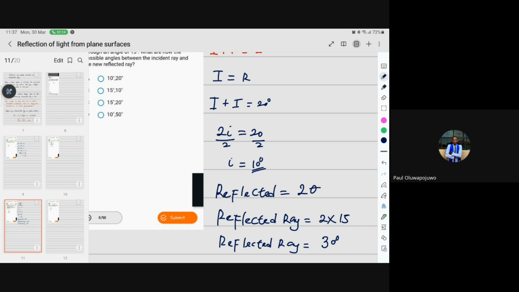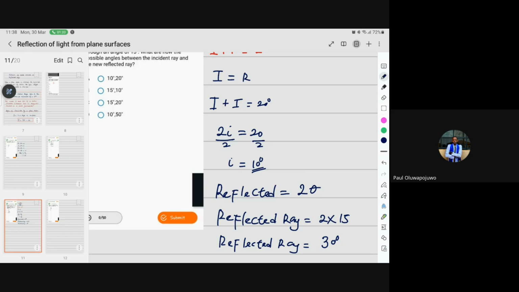So if you are to find the angle between the incident ray and the second reflected ray, it will be double of I plus theta, that is 2 into bracket I plus theta.